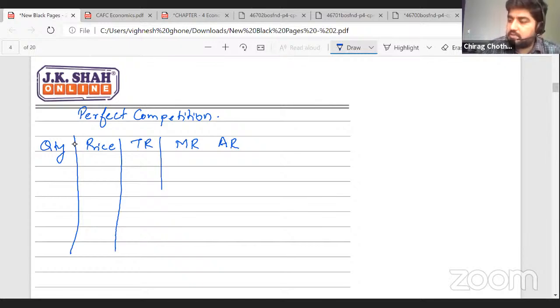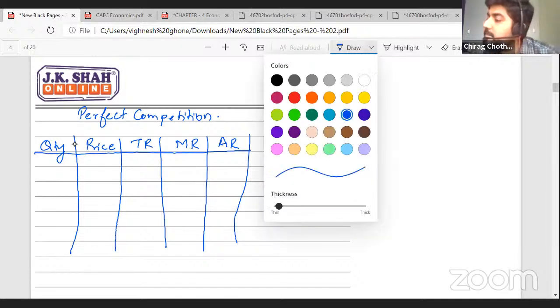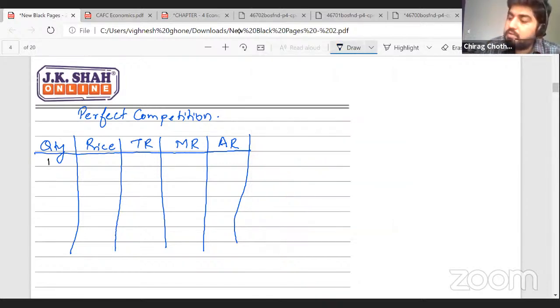Quantity is, let's suppose, 1, 2, 3, 4, and 5.